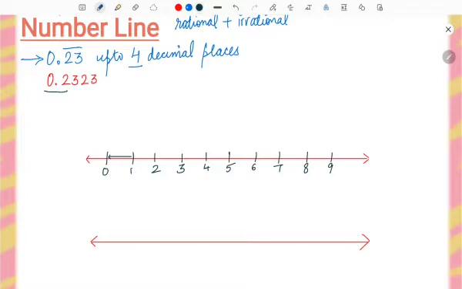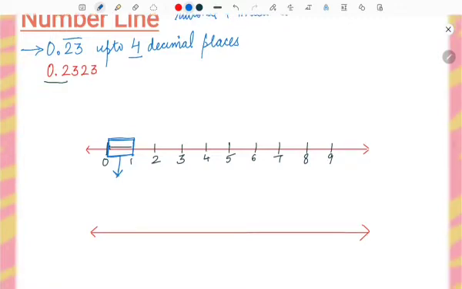Which is why we are going to mark this area like this, and then we put an arrow underneath, because we are now zooming in on this area. That is why we are specifying that this is the area we are going to zoom into and draw in the next number line.